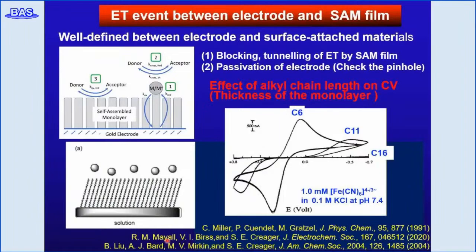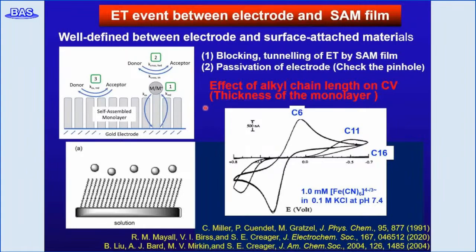First, I consider the contact between the electrode and self-assembled films on the electrode. In this case, a well-defined surface is possible between the electrode and surface-attached materials, so electron transfer may occur across the immobilized groups.